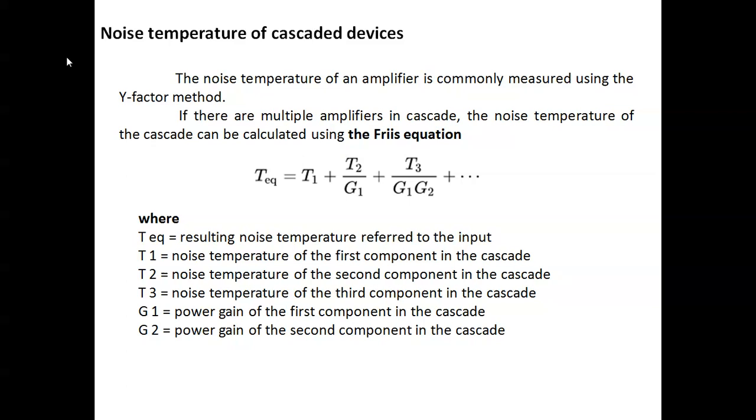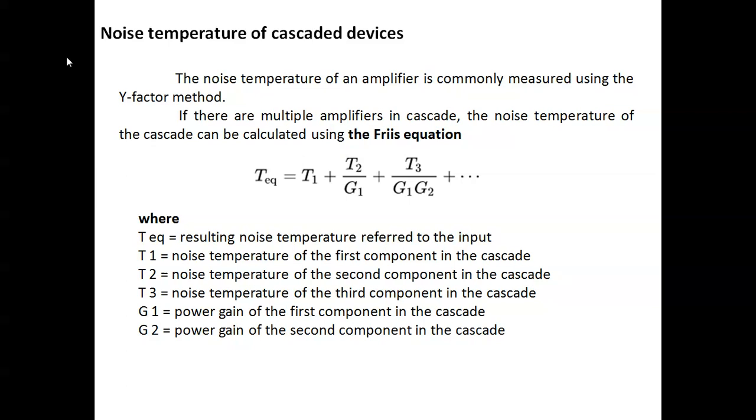Using Friis's equation, we can calculate the noise temperature of cascaded devices. T equivalent equals T1 plus T2 divided by G1 plus T3 divided by G1 G2. This equation represents multiple amplifiers in cascade, and we can find the noise temperature of the total system.